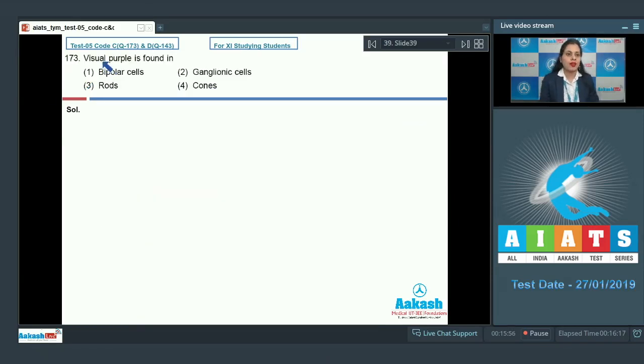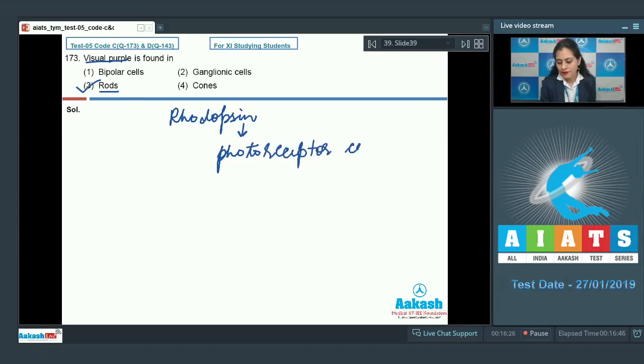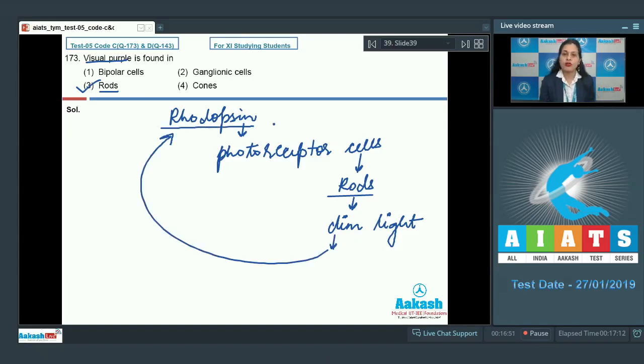Question number 173. Visual purple is found in, and the options are bipolar cells, ganglionic cells, rods and cones. And the correct answer to this question is option number 3, that is rods. This visual purple is a pigment which is also known as rhodopsin, and it is present in the photoreceptor cells called rods, which are sensitive to dim light due to the presence of this pigment called rhodopsin.